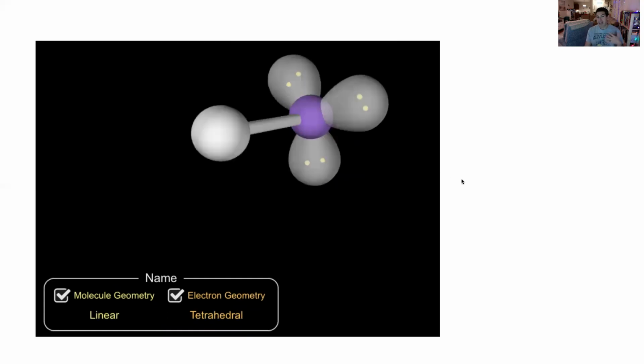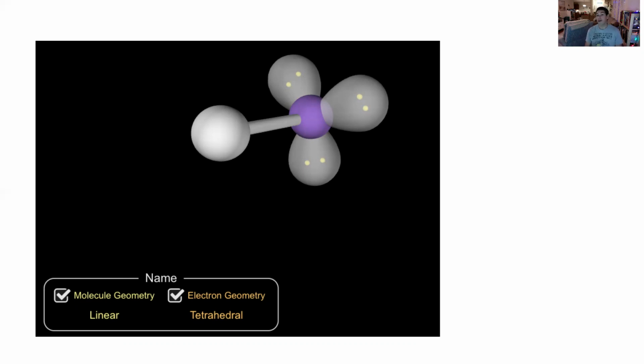And if we have AXE3, that is 4 electron domains, its electron geometry is tetrahedral, but there's only 1 bonding atom, so it's going to be linear. And this is just empty space, those lone pairs. Anytime we have a setup where it's AX1, E whatever, it's going to be linear in shape.